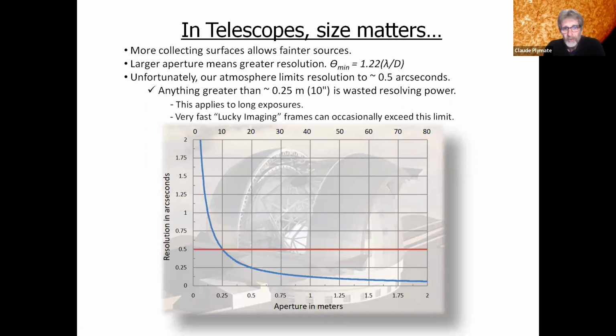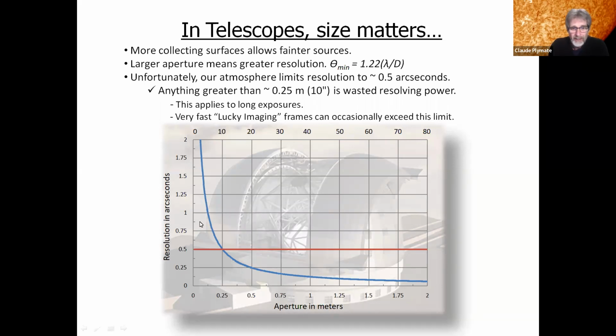Now, unfortunately, as we said, our atmosphere limits the resolving power to, well, again, pick your number, but I'll choose, even for an exceptional site on the Earth's surface, maybe a half arc second.